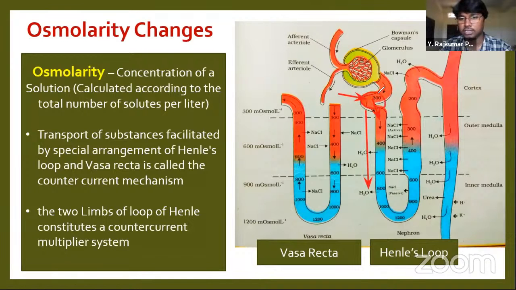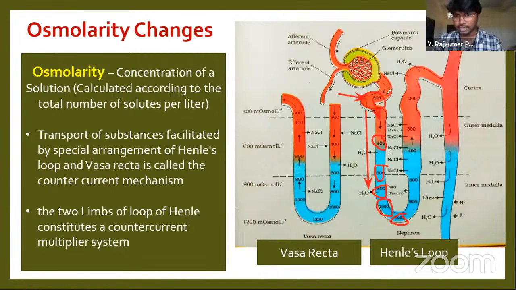Here the concentration is 300 osmolarity, here it is 400 osmolarity, and as it moves downwards, the concentration increases to 600, 800, 1000, and finally reaches 1200 osmolarity. So in the cortical region, the osmolarity is less. As it moves down, the concentration increases.